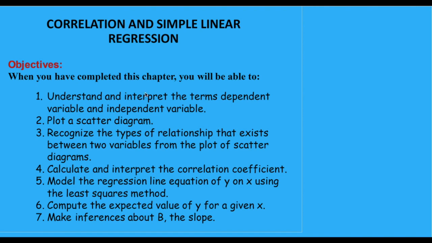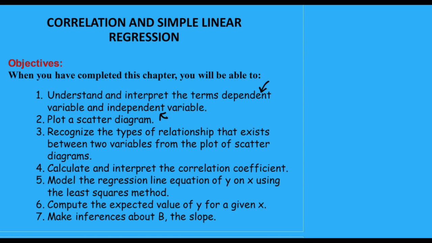First, you'd be able to understand and interpret the terms dependent and independent variables. Secondly, you'll be able to plot a scatter diagram which describes the relationship between the dependent and independent variables.